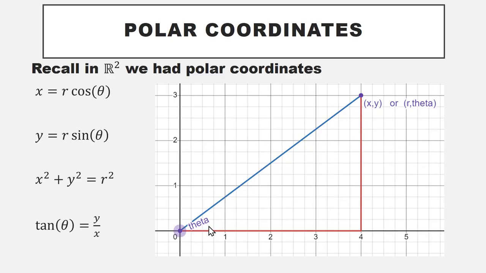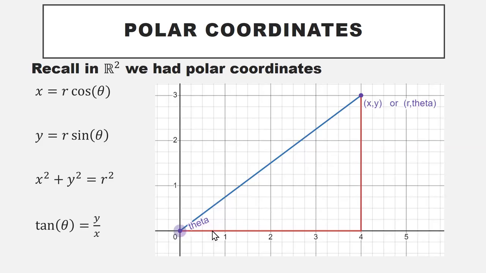And remember, the angle theta was the angle from the x-axis up, rotated counterclockwise. In rectangular coordinates, the point would have been an x value and then a y value. So in this case, our point in rectangular coordinates would have been the point 4, 3.